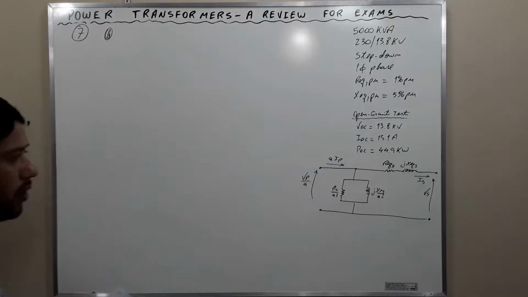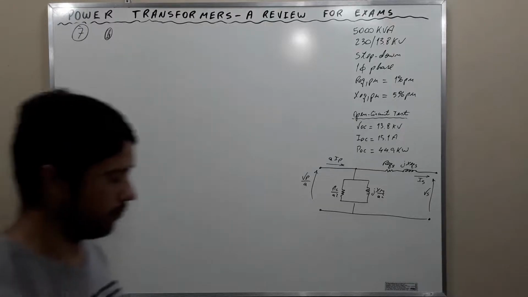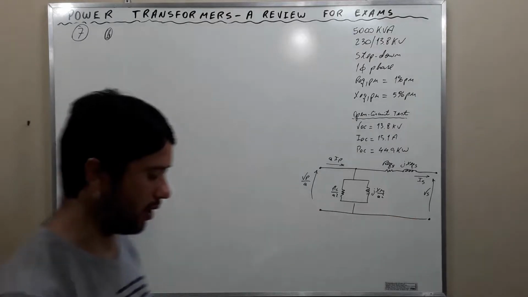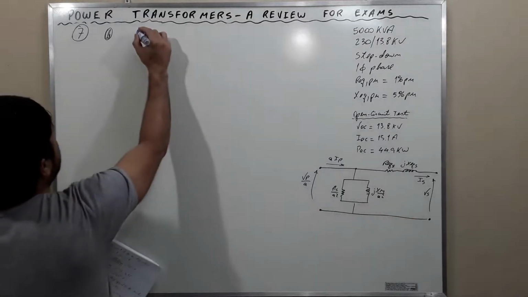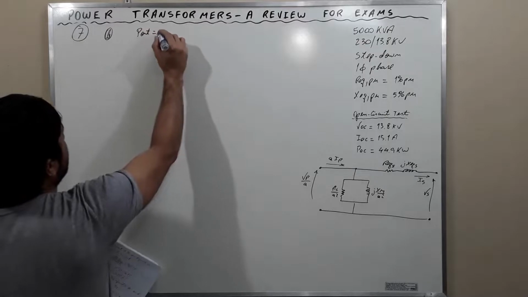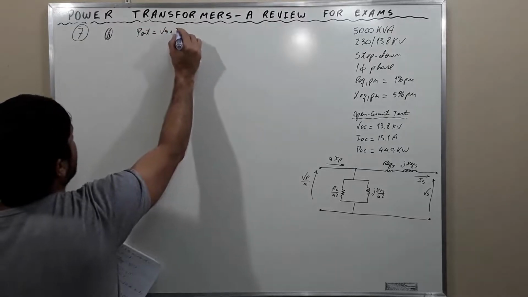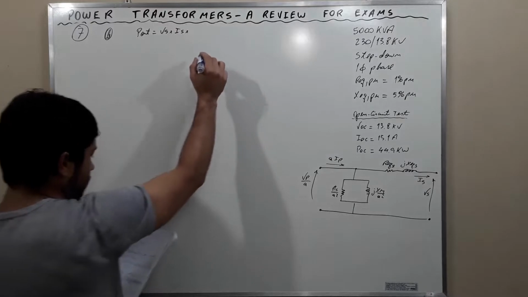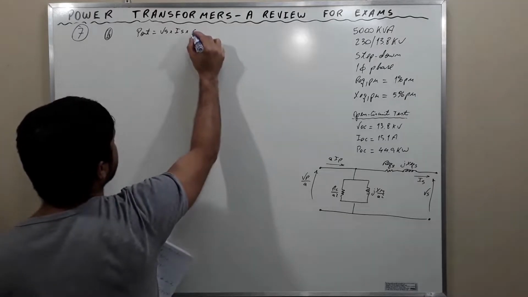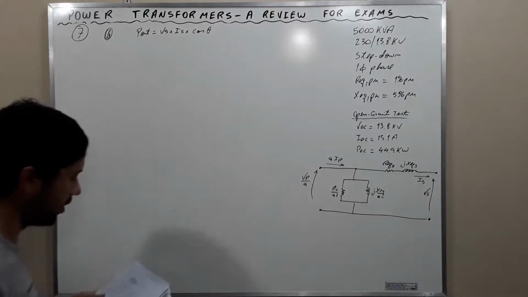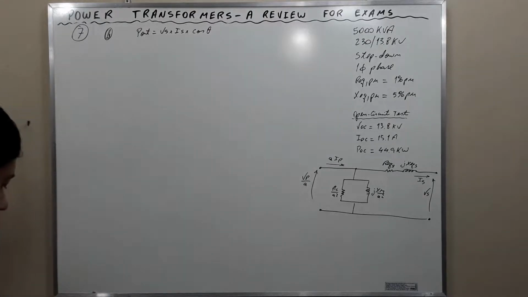We know that P out is equal to Vs times Is times the cosine of the angle, okay? And the cosine of the angle was given as 0.8, which is the power factor.